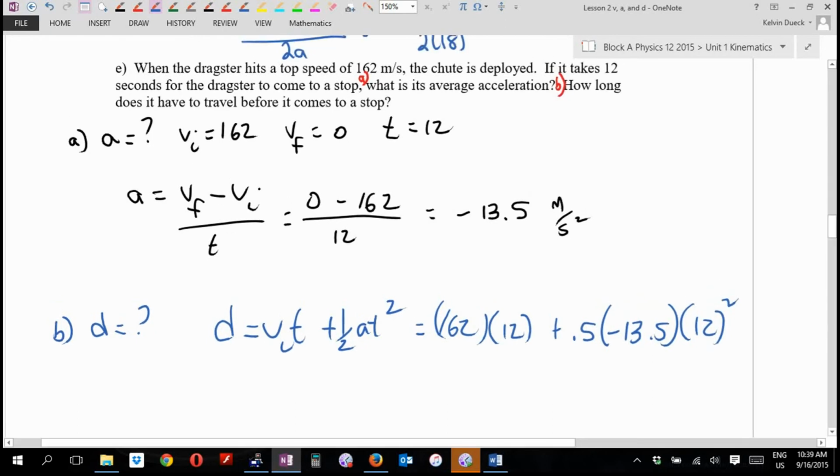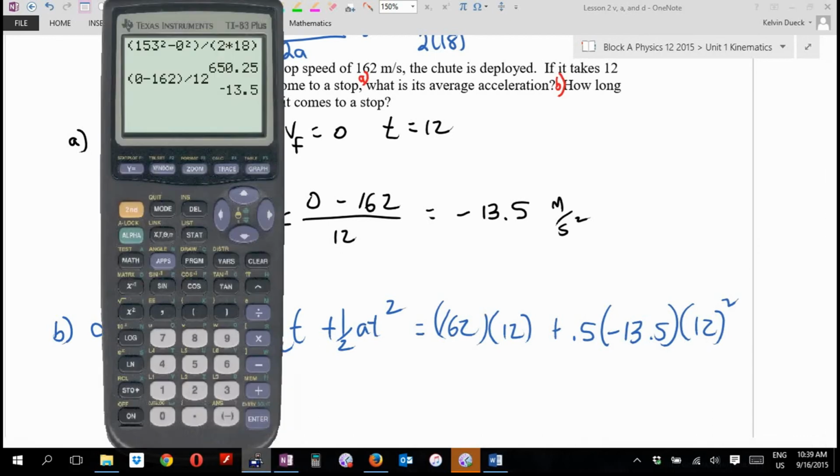I'm going to use stuff that I found with confidence now. What do you get? 972, just shy of a kilometer.